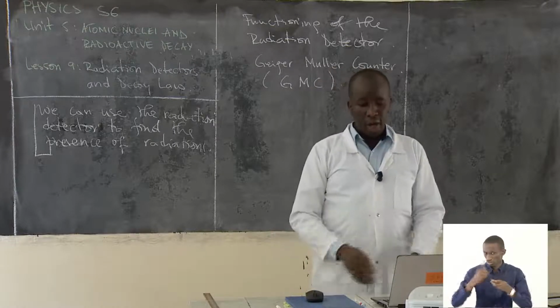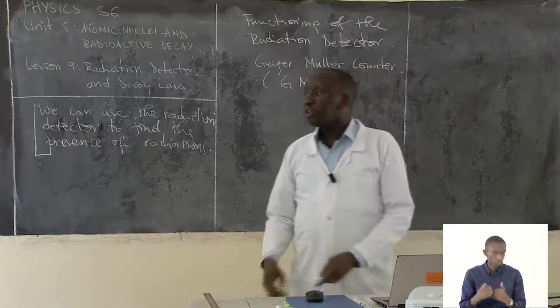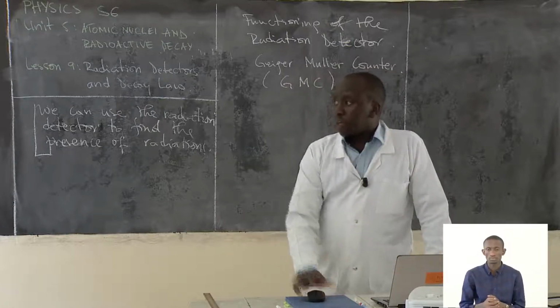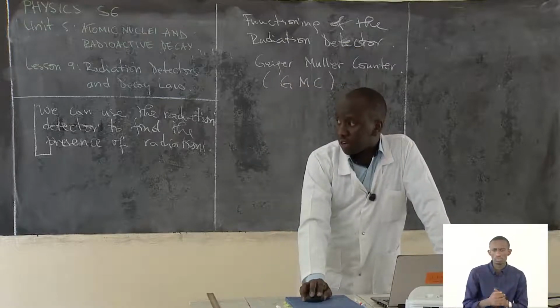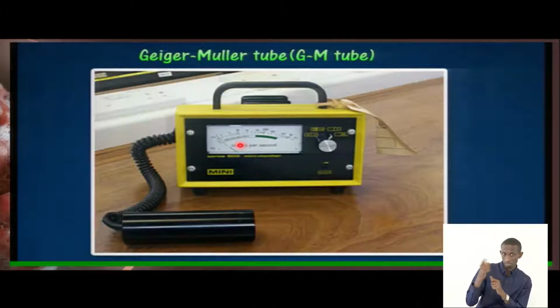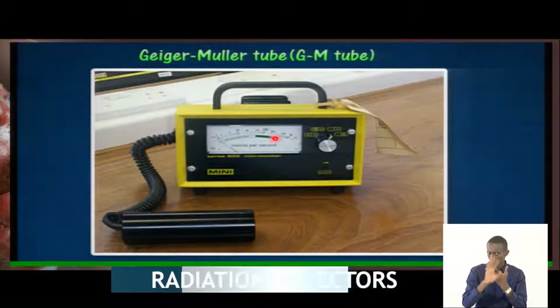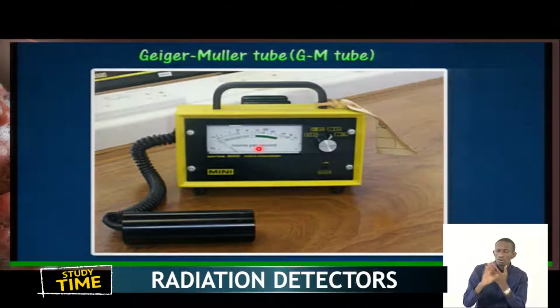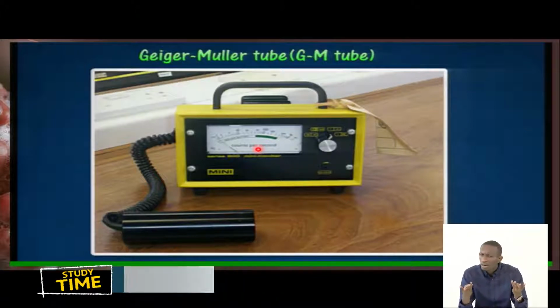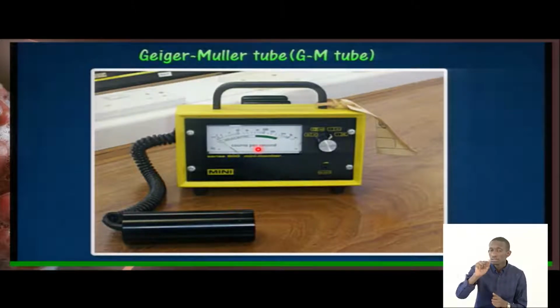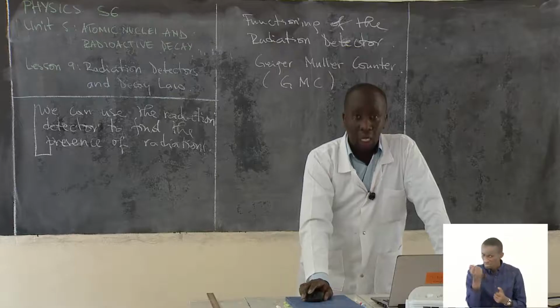But before I have this functioning, we have just the way it looks. So this is the device. As you see there, it has the screen. This screen is what we have as a ratemeter. On this one, we have the indication of the values. It gives how much of these radiations you are being exposed to. And then it has a speaker.